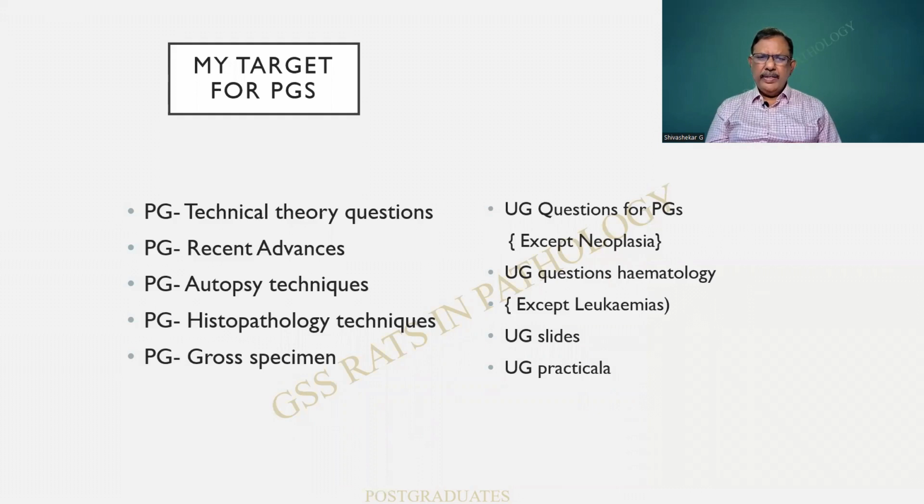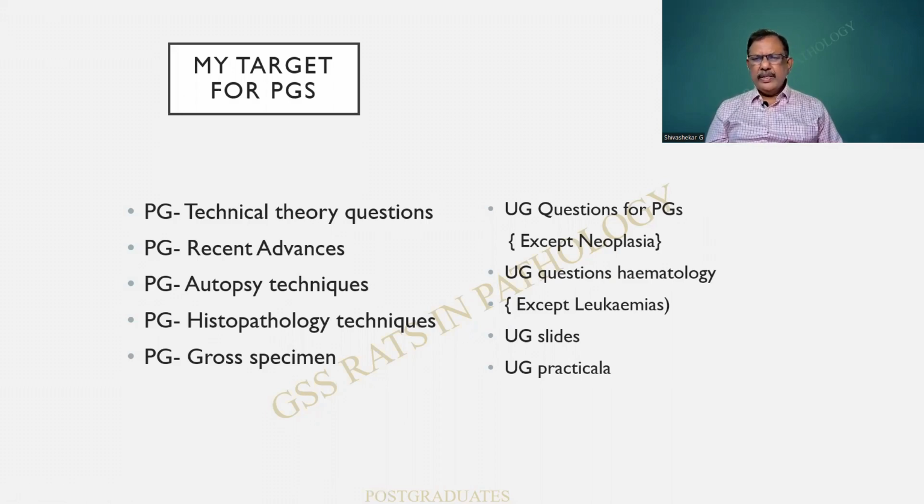My target for the PGs is this. First, the UG part of it. Cover the UG questions for the PGs. Except neoplasia, I think this will be applicable and recommended for the postgraduate students. UG questions in hematology, again except leukemias.